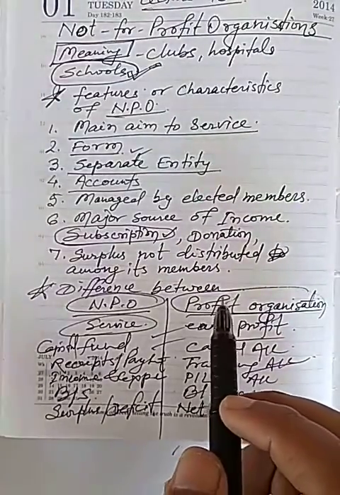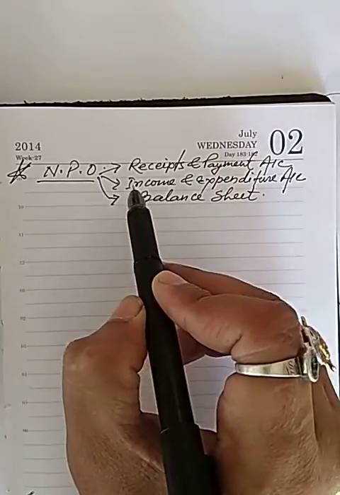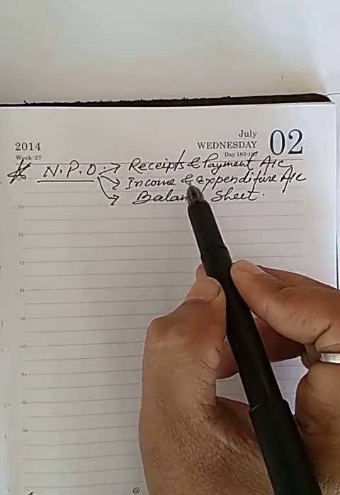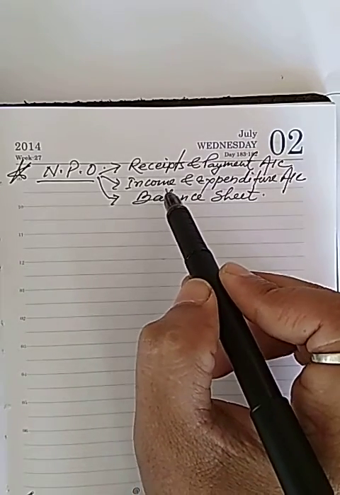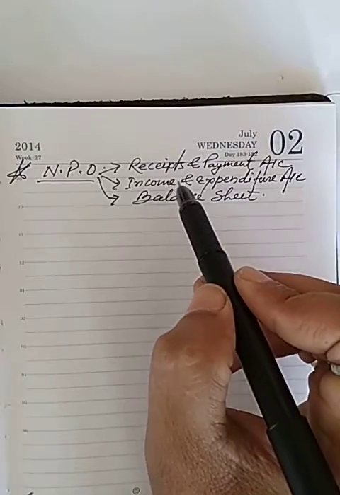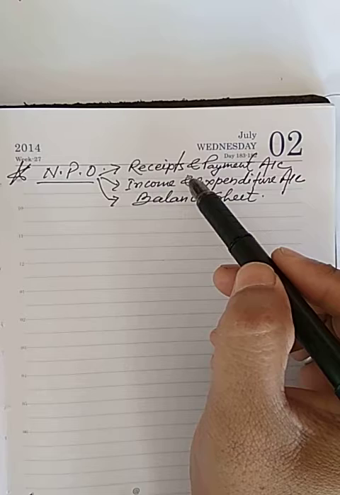Now next point is, not-for-profit organizations also prepare their financial statements more or less on the lines of the profit-seeking organization.